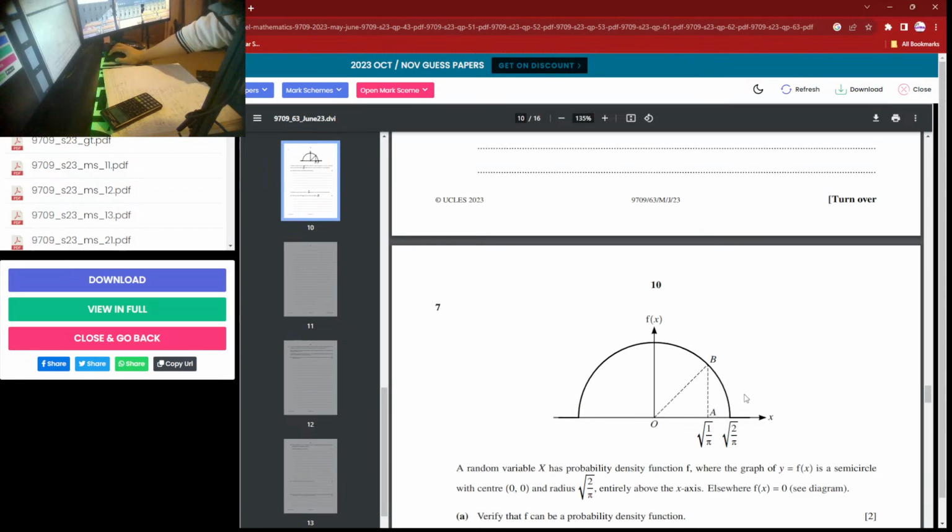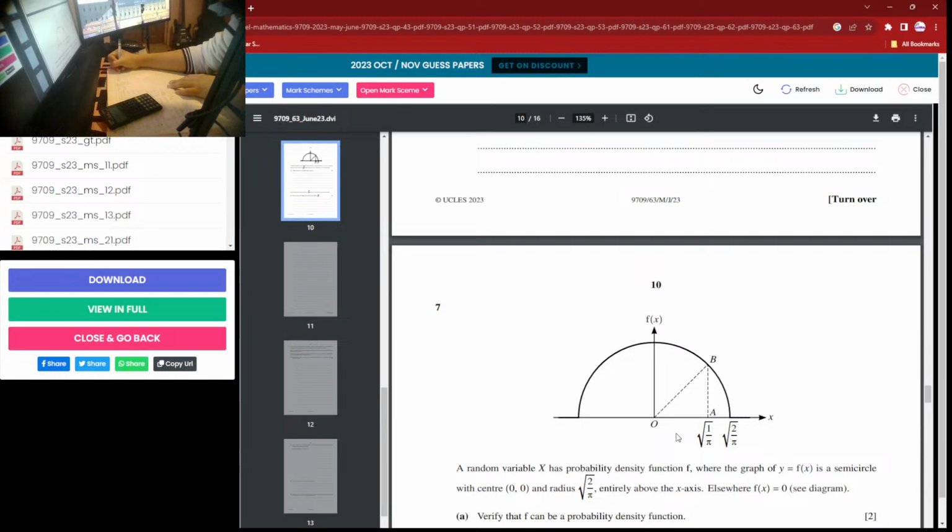So we have the arc. This is just an arc. So we know that this is, sorry, let's write down P(X) more than root 1 over pi. And we know that the AOB is 1 over 4 pi. So area of sector is equals to half r squared theta.